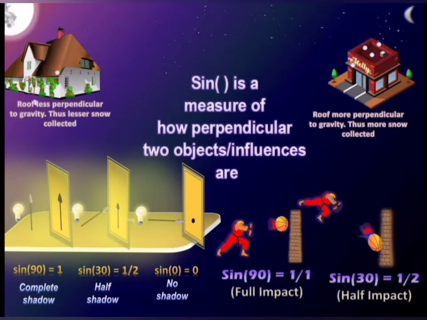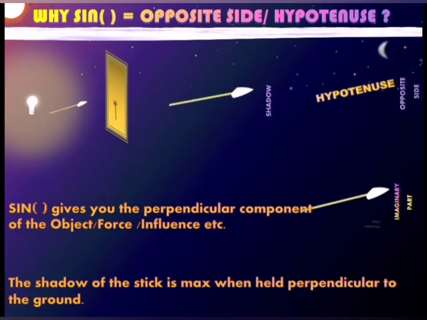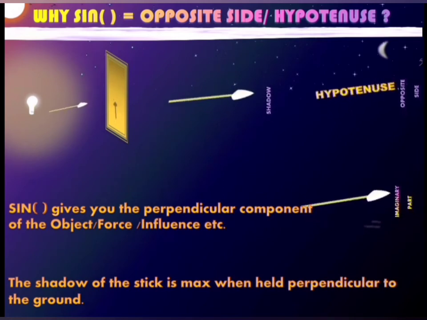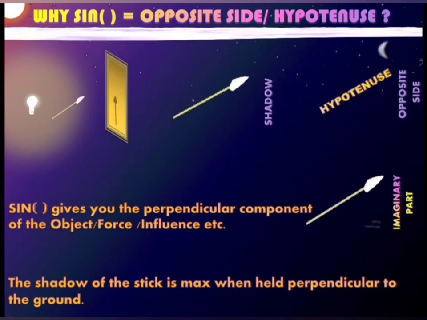In other words, sine theta comes into math whenever two forces are such that they produce maximum impact when acting perpendicular to each other. What if you can visualize the actual reason of why sine theta equals opposite side upon hypotenuse with the help of an animated example, as you are seeing on the screen?